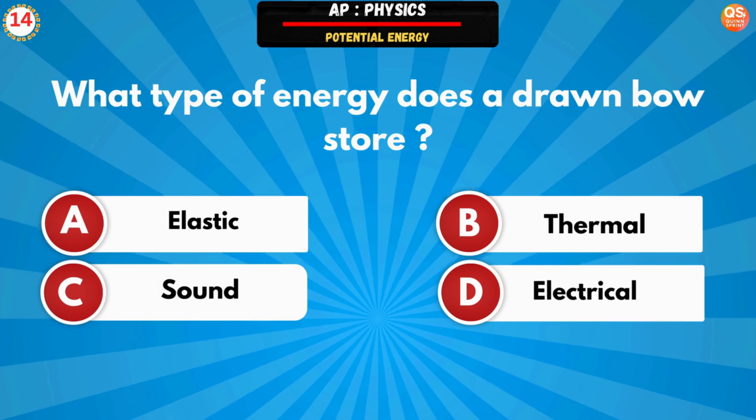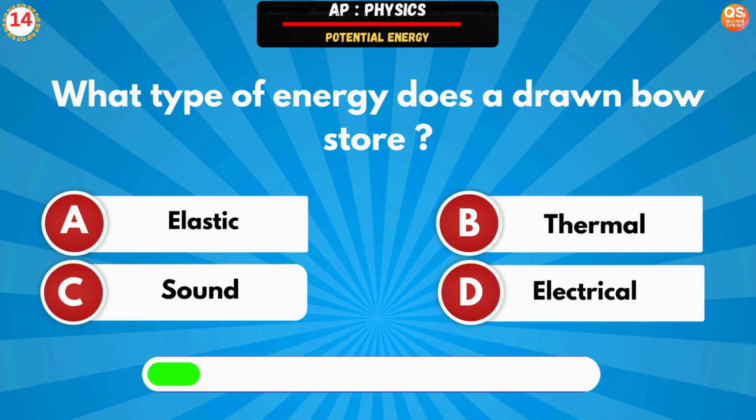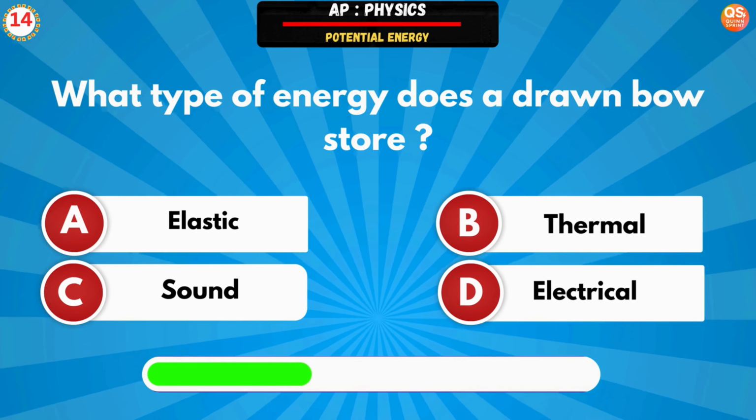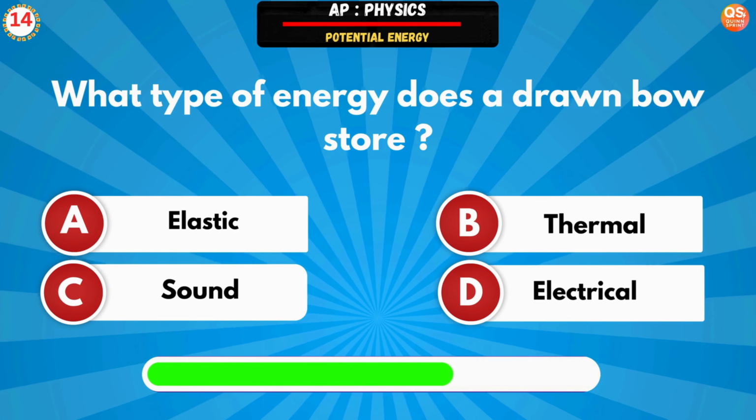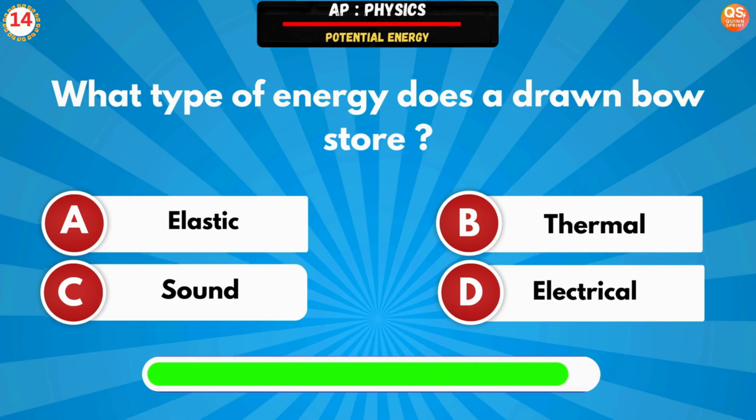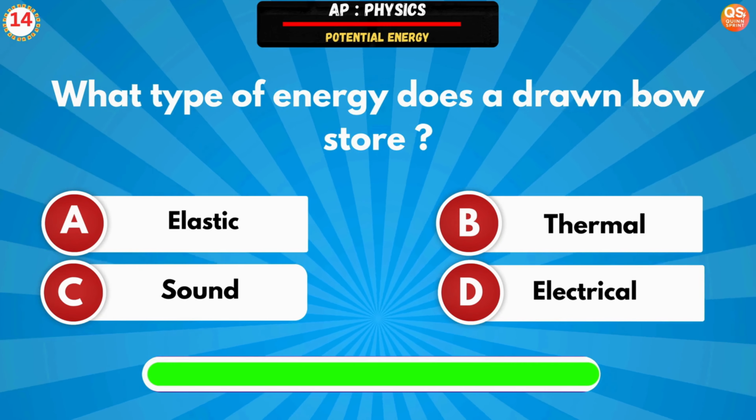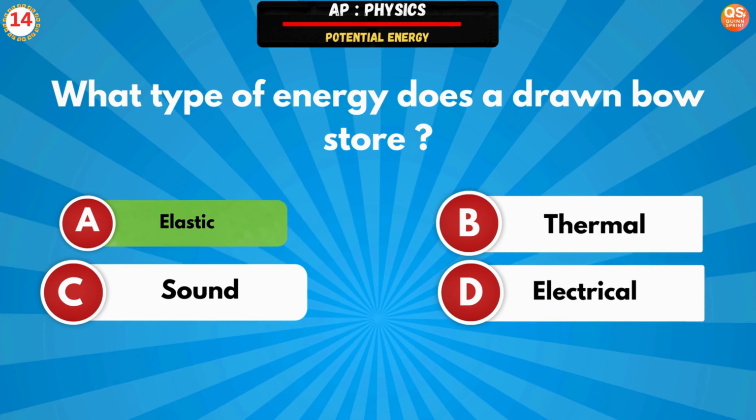What type of energy does a drawn bow store? Elastic.